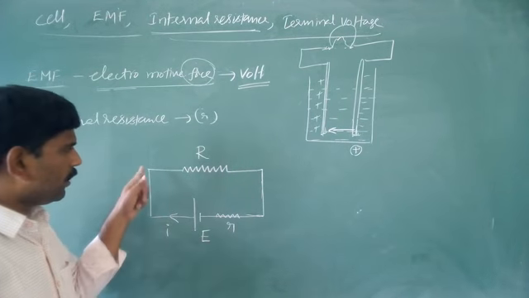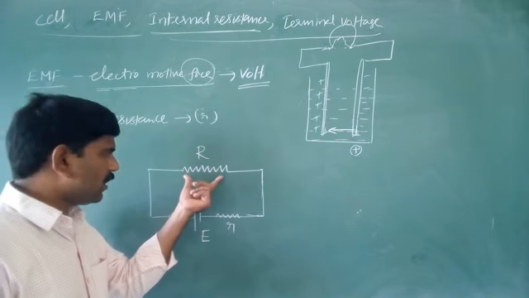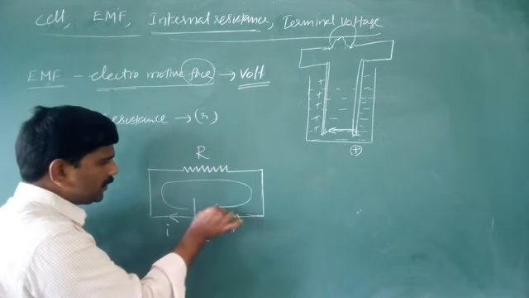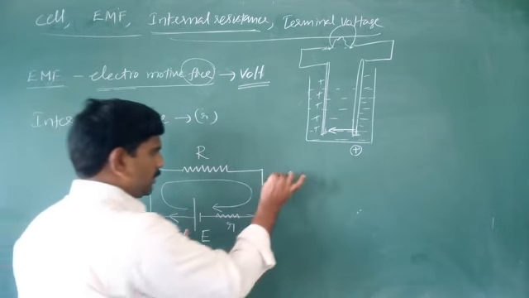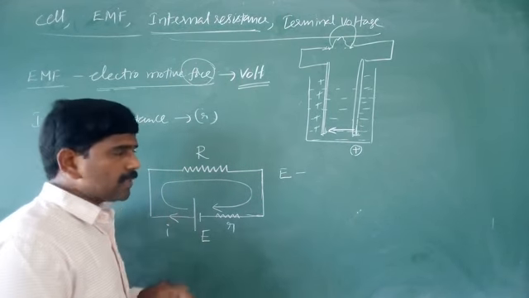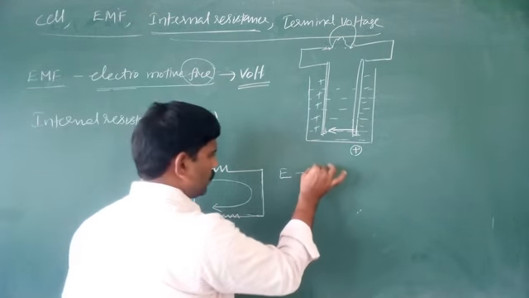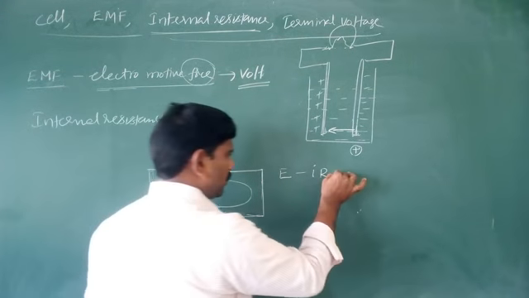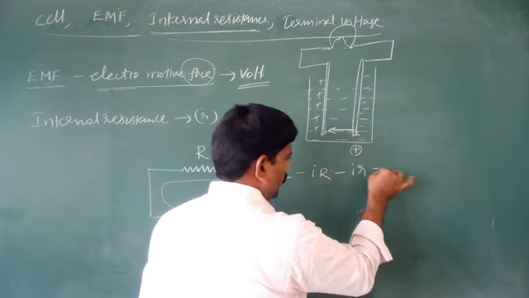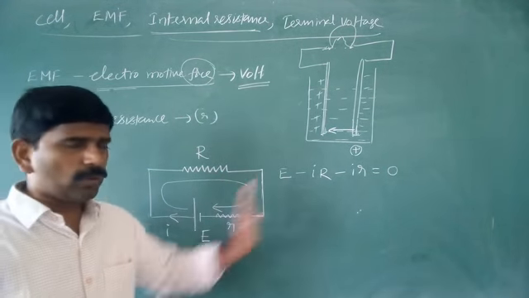So here I want to find out the potential difference across the external resistor. For that, apply the Kirchhoff voltage law. E minus the potential drop across this resistor, which according to Ohm's law is V equal to IR, minus the potential drop across the internal resistor, Ir, is equal to 0 according to the Kirchhoff voltage law.